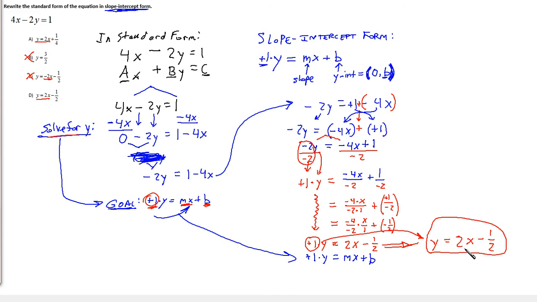Minus 1/2. 2x minus 1/2. Up here we see plus 1/4. That's wrong, so the answer can't be A. Here is just right: minus 1/2, y equals 2x minus 1/2. So we settle in that the correct answer choice, the correct response, is D. Hope that helps. Thank you.